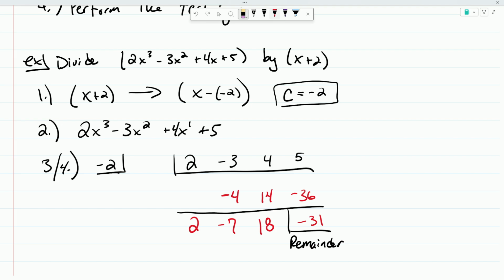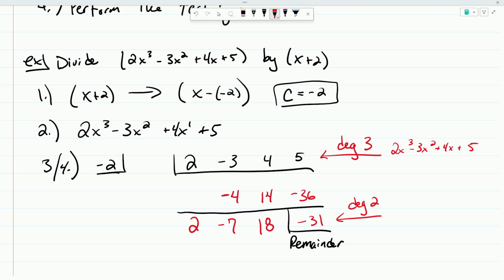All right, synthetic division is complete. But now, how do we write the answer? Here's how we write our answer. We know that our dividend had a degree of 3. In other words, this was 2x to the third minus 3x to the second plus 4x plus 5. Anytime you synthetically divide, your result will always be 1 degree less.